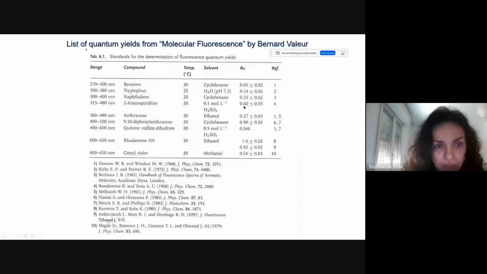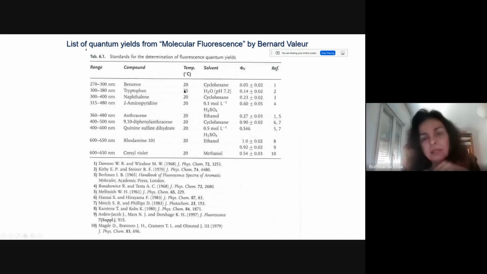As you see, there is the temperature for which the quantum yield is what it is, the solvent in which they are used, and the range for which this standard works well. I just underlined that for proteins, normally that is the range of the emission of the intrinsic fluorescence of protein, and tryptophan alone in water is what is used for this.